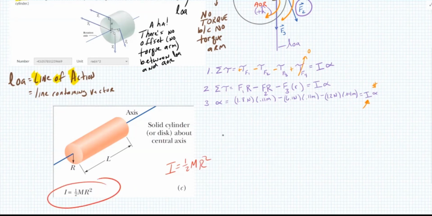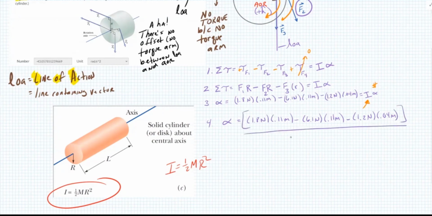All right, so step number 4, alpha equals 1.8 newtons times 0.11 meters minus 6.1 newtons times 0.11 meters minus 1.2 newtons times 0.04 meters. All of that's my numerator, divided by my denominator, which is the rotational inertia of a disk, 1/2 m r squared. What's the mass of my disk?